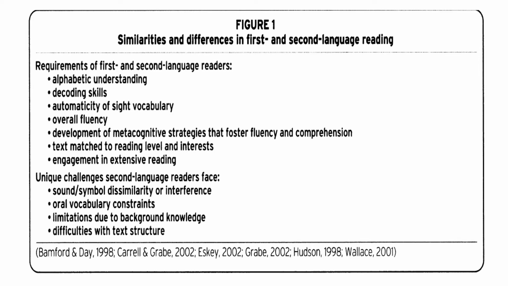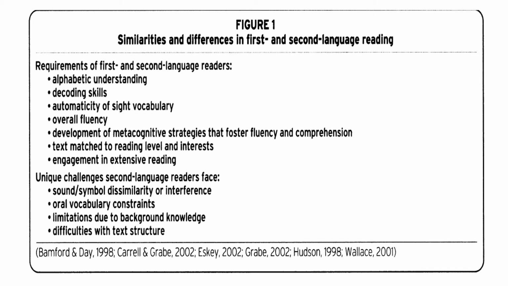This table points out the similarities and differences in first and second language reading, and this also makes us think about the cognitive load which we are putting on these children. Everyone reading needs to have an understanding of the alphabetic system of that language.